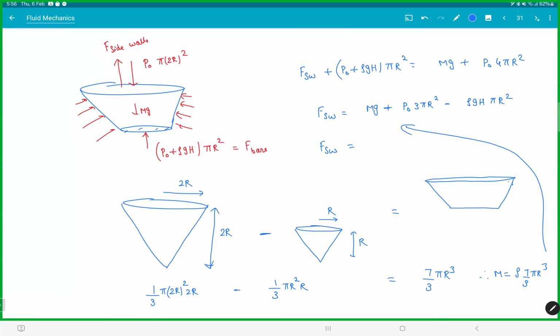Is that clear, everyone? There'll be three terms there: an mg term, a P naught term, and the rho g h term. Please check where it went wrong. There are four forces on the FBD. I think most of you goofed up the FBD only. Again, what is this? This is not the FBD of the container. This is the FBD of the liquid. Just the liquid. So side walls is the force between the liquid and the container.